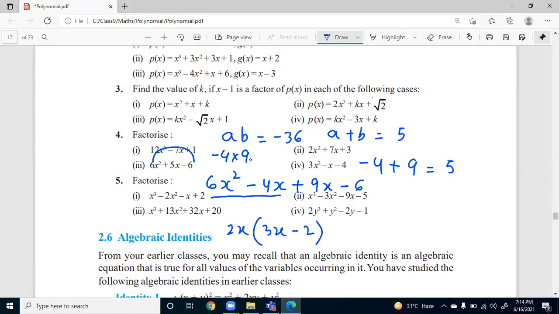And if I take 3 from the last two terms, then what remains in the bracket? 3x minus 2. Okay, so now you can write 2x plus 3 in one bracket and 3x minus 2 in another bracket. So this is how we need to use splitting of middle term. See, in each and every question, we are using splitting of middle term.